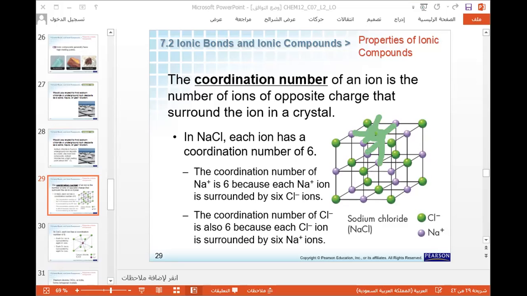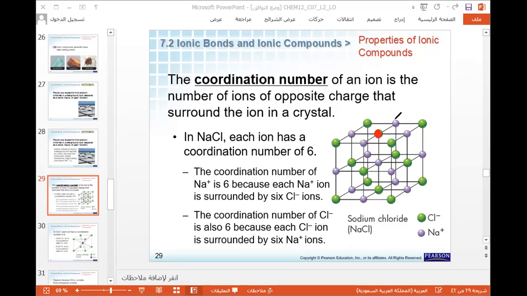Okay, let me explain it more clearly by using my pen here. As you see here, if we pick any ion, for example here, a chloride ion, this chloride ion is surrounded by 6 sodium cations.